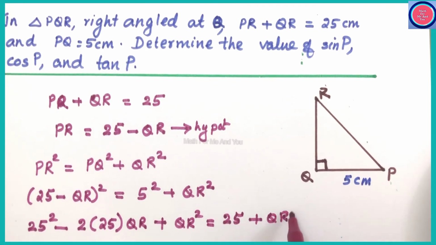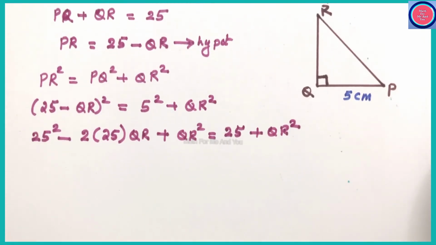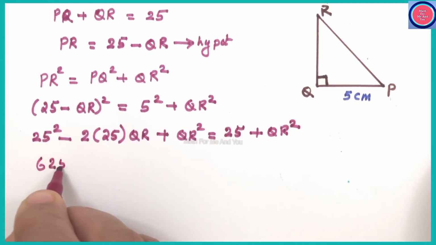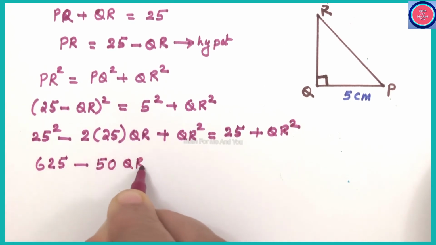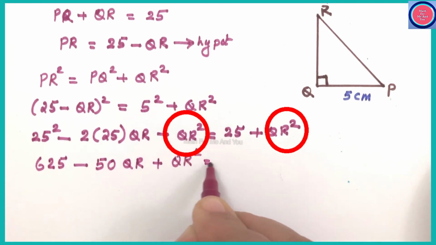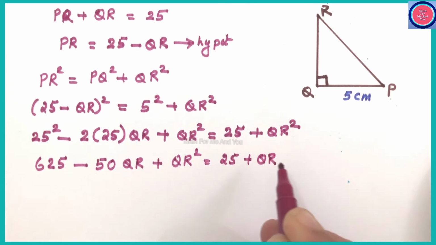And then we can simplify. We need QR. So first one, 25 square, we know that is 625 minus 2 times 25 times QR, it is 50 QR. See the left side of the equal sign and the right side of the equal sign, QR square. So we can cancel that in the next step. The right side is 25 plus QR square.